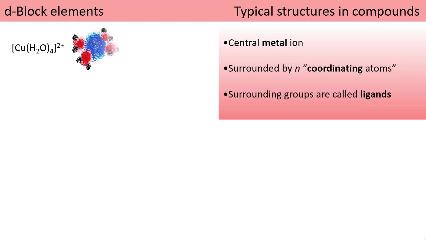Here's an example. If you dissolve a copper 2+ salt in water, the cations and the anions usually become separated, and the copper surrounds itself with 4 water molecules, and it does this in a very particular way, with the 4 oxygen atoms of the 4 molecules located on the corners of a square, where the copper ion is at the centre.